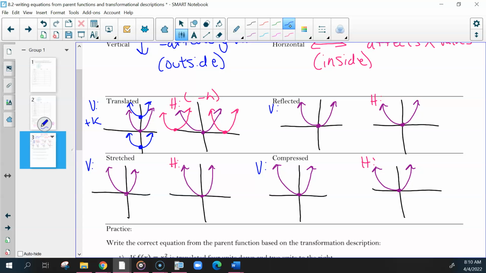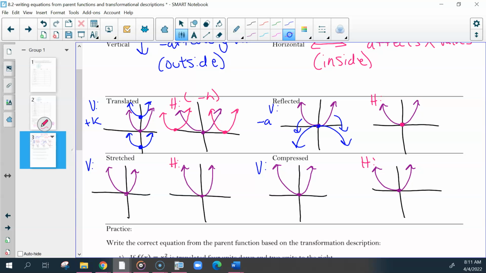For reflected, that's flipping it over the x-axis, and your A value is negative. And let me do this to show that this is for horizontal, you don't really see that unless it's been moved left or right.